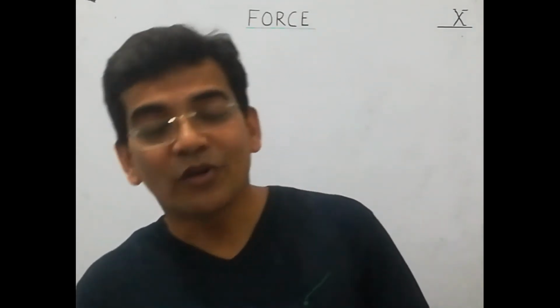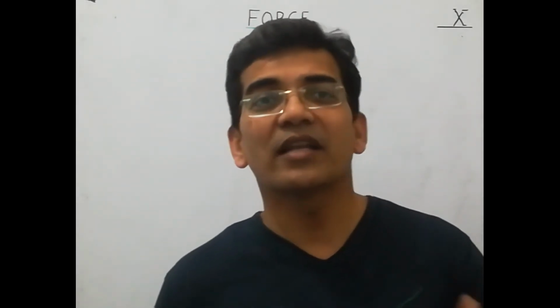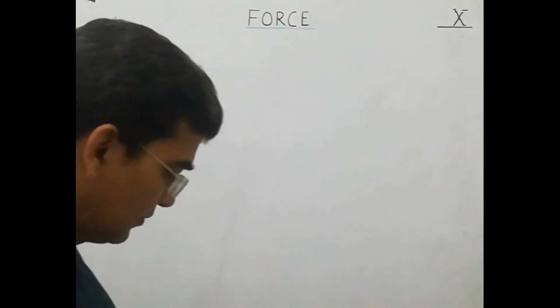Remember, a body at rest can be in equilibrium. A body which is in motion can also be in equilibrium. So we have two types of equilibrium. One for bodies at rest, that is called static equilibrium, and one for bodies in motion, that is dynamic equilibrium. So two types of equilibrium.